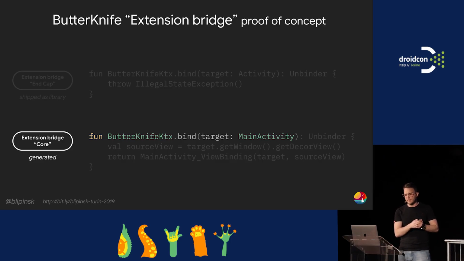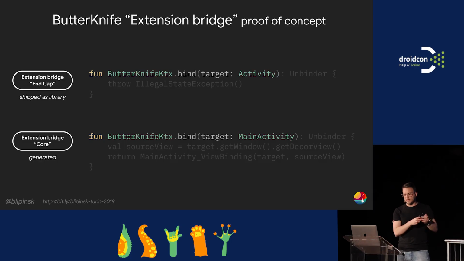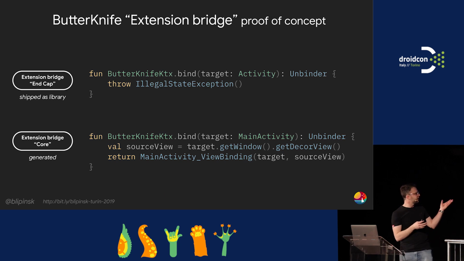So having those two extension functions in your code base, if you pass the main activity instance as the parameter of those two methods, the Kotlin compiler will choose the one that is generated and not the one that is just pretending to be the real thing. The first one is just throwing an exception, and the second one is actually giving you the class generated by Butter Knife.